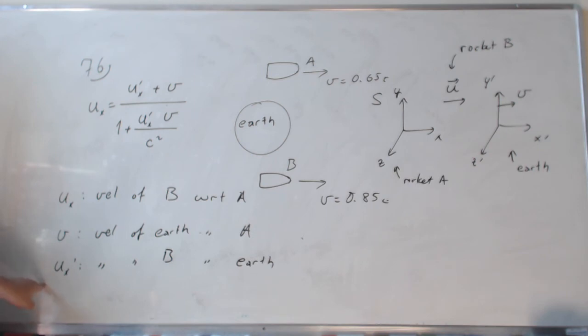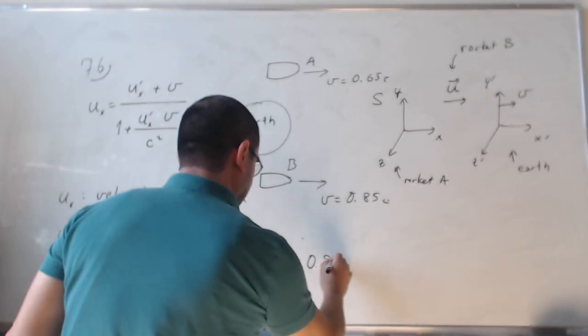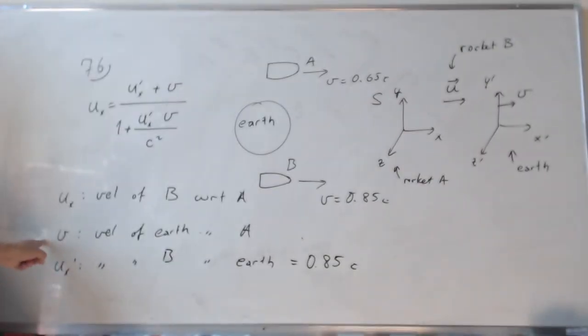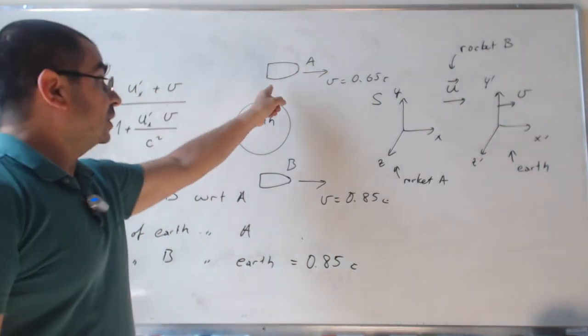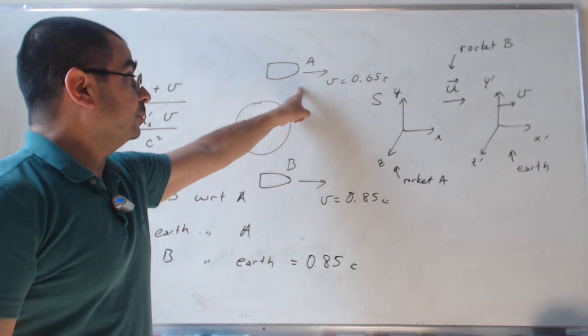This is easy. With this choice of coordinates for the reference frames, the velocity of B with respect to Earth is just 0.85 c. You have to be careful about the velocity of Earth with respect to A. Again, with this choice of coordinate system, positive velocities are in the positive x direction. Earth with respect to A is going to be moving in the negative x direction.